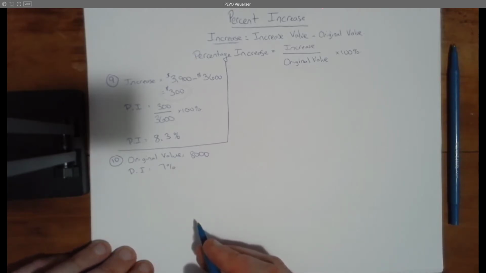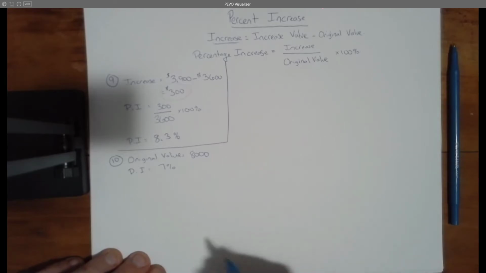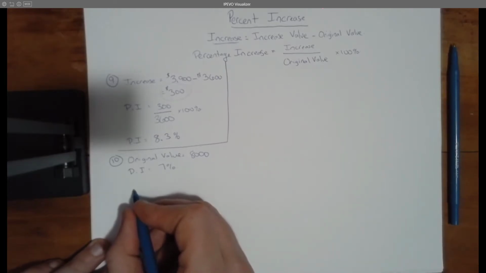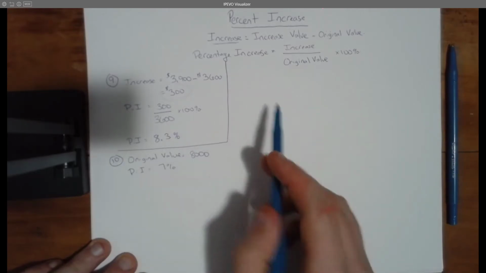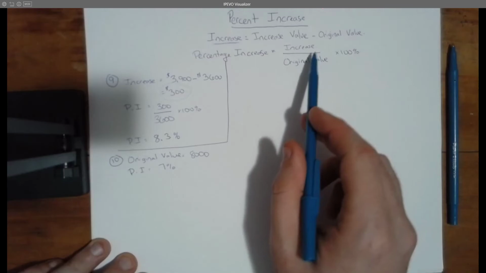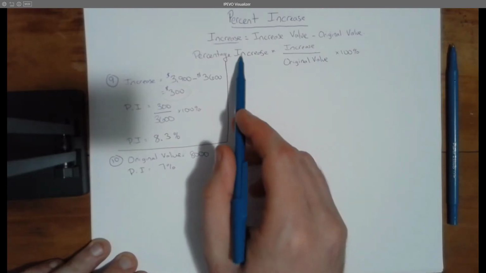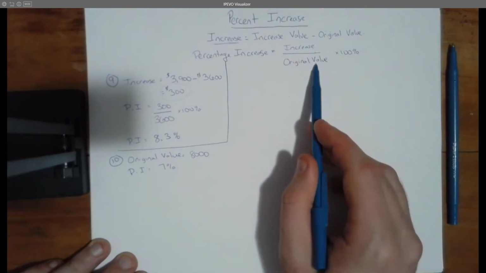There are two different ways that we could go about figuring this out. One of the ways is by using one of our original formulas in order to figure out some of these bits of information. So our second formula here, we can still use that. We know two of those bits of information, and there's only one that's missing. So we know the percent increase. We know the original value.